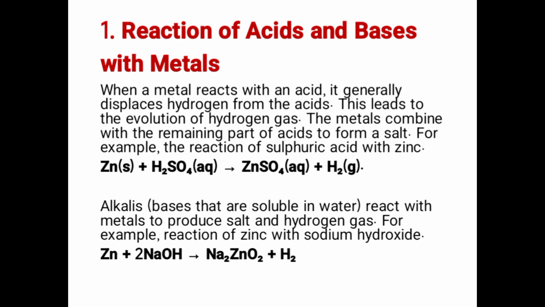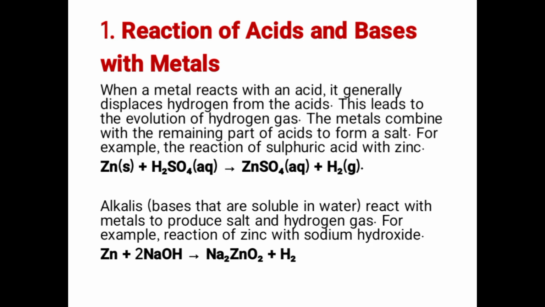So generally, the reaction of a dilute mineral acid, take note, a dilute mineral acid with a moderately reactive metal. Please take note of those statements. The reaction between a dilute mineral acid and a moderately reactive metal will produce a metallic salt and, of course, hydrogen gas as the product.